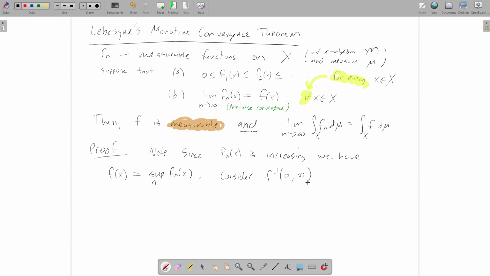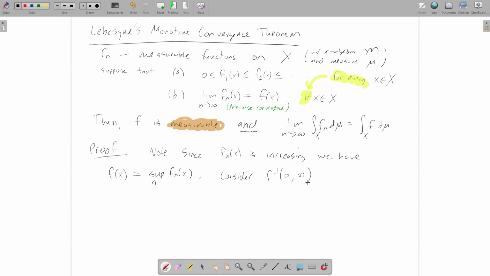If I can show that the inverse image of this one set is measurable, then I can use some complement tricks to show that intervals the other way are also measurable, and that'll prove it basically.